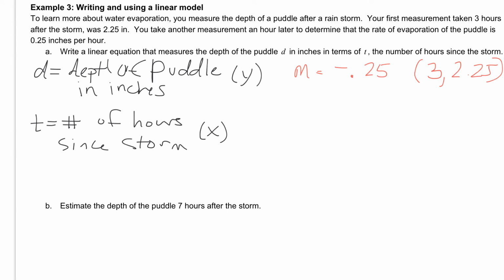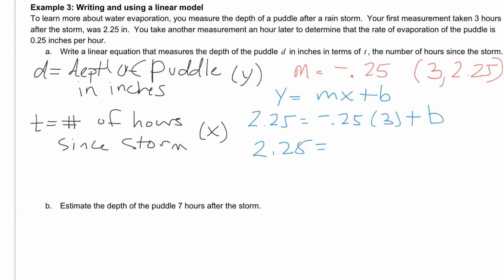And because we have a slope and a point, we can use that information to help us find b. Plugging back in again to our formula y equals mx plus b, we're going to plug the 2.25 in for y. Our slope we found to be negative 0.25. And our x is 3, plus b. Multiplying negative 0.25 times 3 will give us 2.25 equal to negative 0.75 plus b.